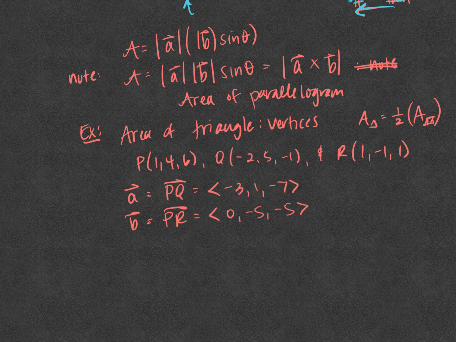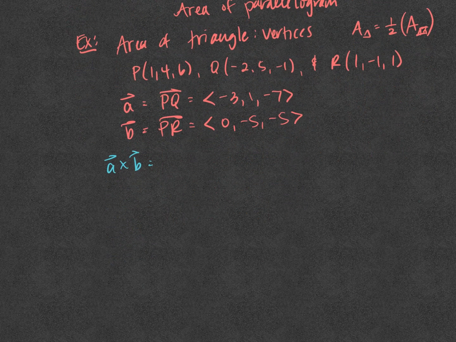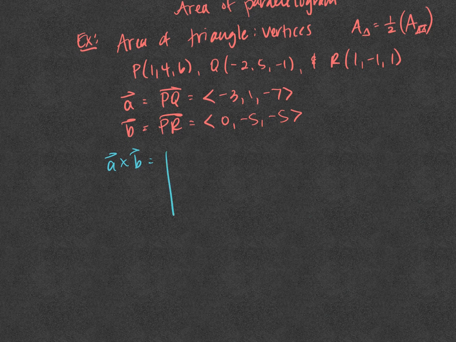So we know from up above that to find the area of our parallelogram, we can find A cross B. So we're going to find A cross B and then take half of that. Remember, we're finding the area of a triangle, not a parallelogram. We have i, j, k, and -3, 1, -7, 0, -5, -5.